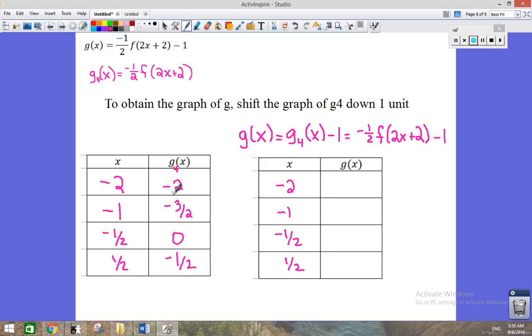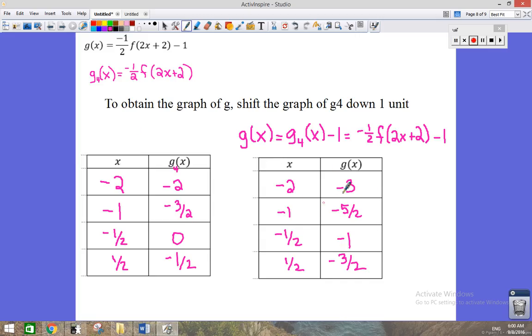It's normal in its behavior. It's not bizarre. It says subtract 1, and that's exactly what I'm going to do. If I subtract 1 there, it'll be -5/2. If I subtract 1 there, -3/2. So this is going to be our final graph that we plot.